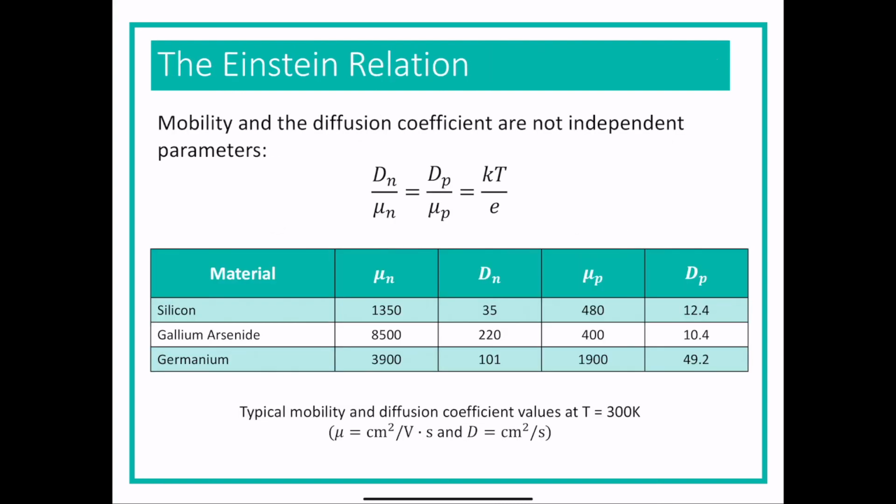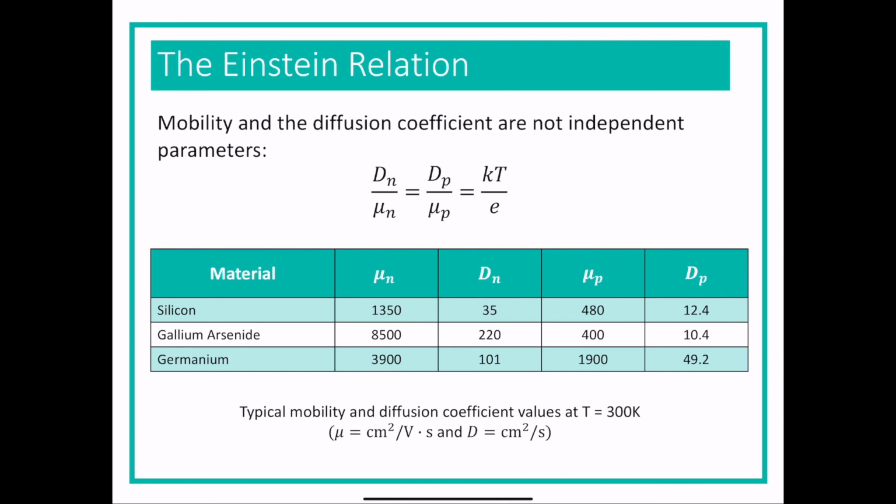his spare time, perhaps. But he determined that at any given temperature, the diffusion coefficient divided by the mobility is a constant. So if we figure out that we're at 300 K, the value of kT over e is 0.0259, and that means that the diffusion coefficient and the mobility have to keep that same ratio.